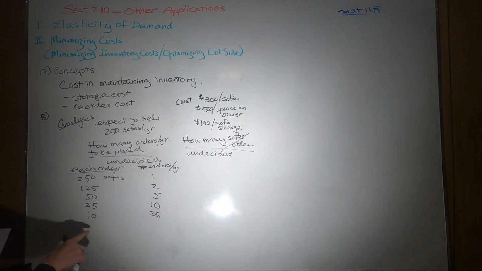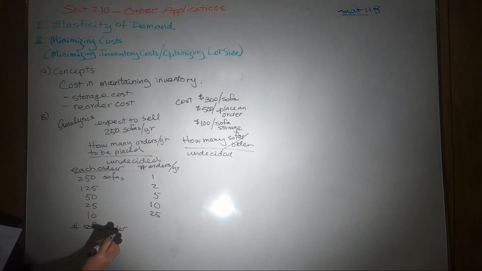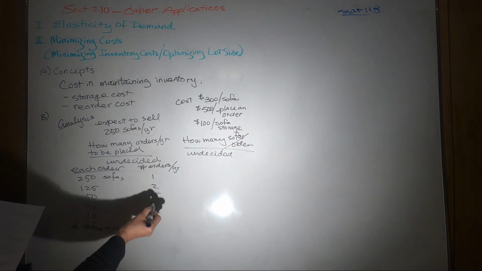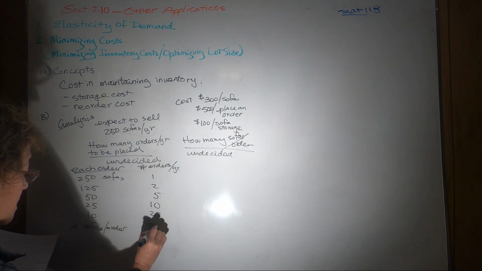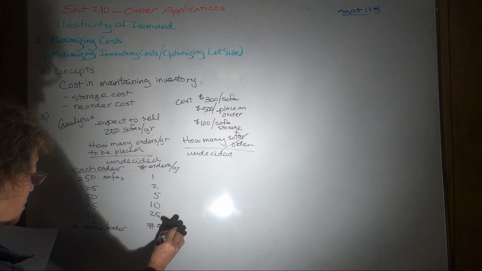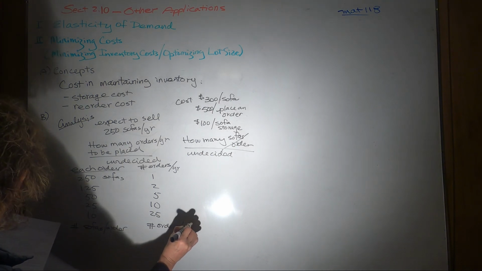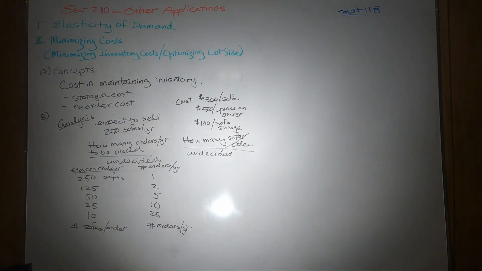Then this one will be the number of sofas per order, right? Then this one will be the number of orders per year. Okay.